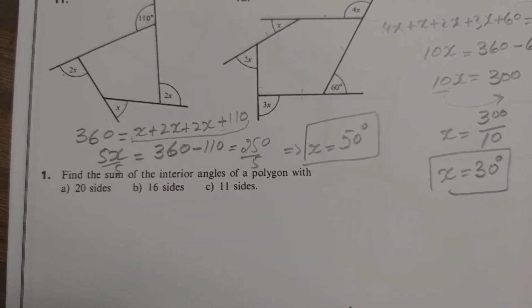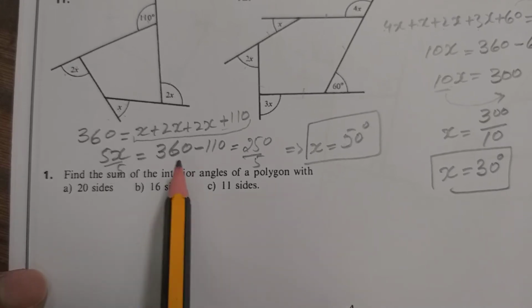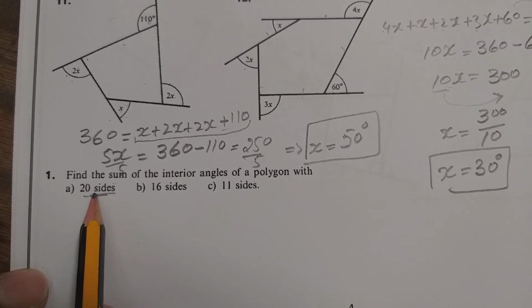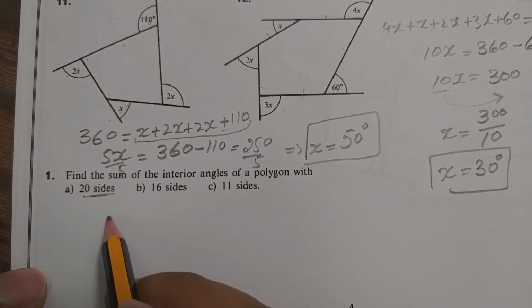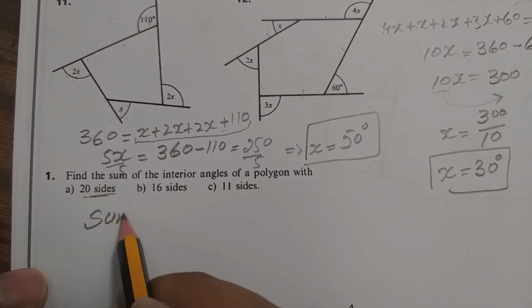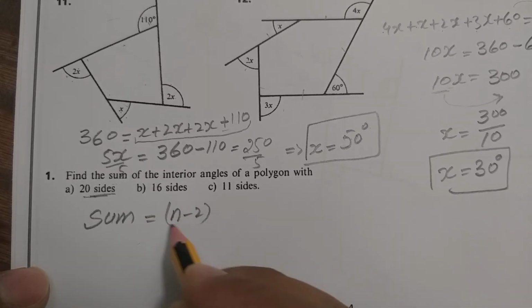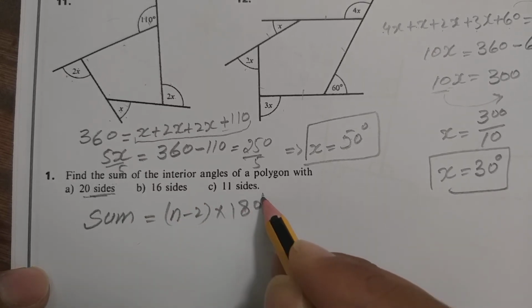In the previous questions we did the sum of exterior angles, which add up to 360 for any polygon, but now we need to find the interior angle, which is inside the polygon. We are given the number of sides, so the formula for the sum of interior angles of any polygon is n minus 2 times 180.